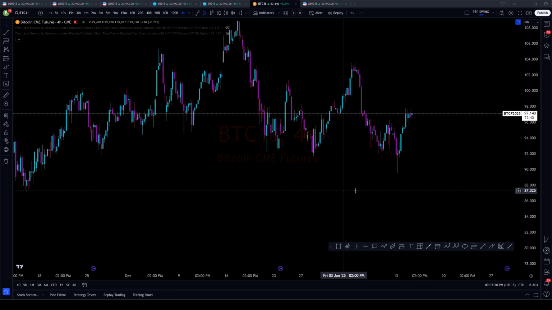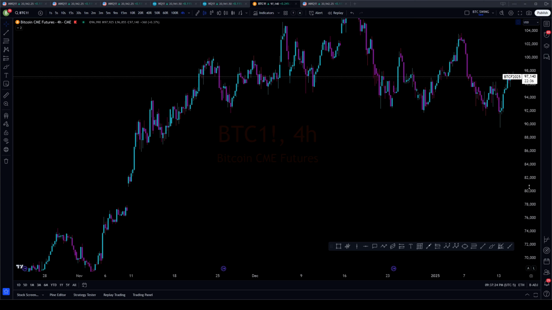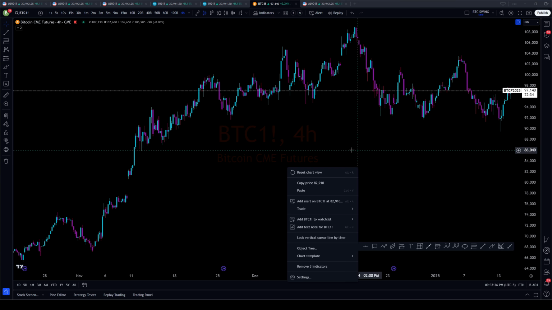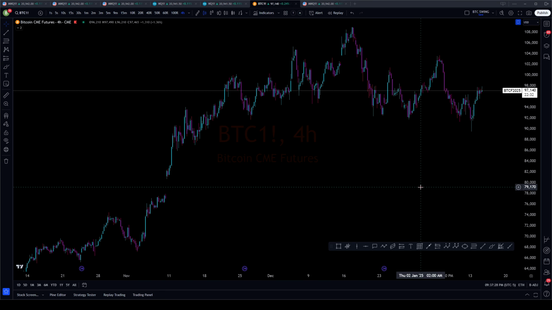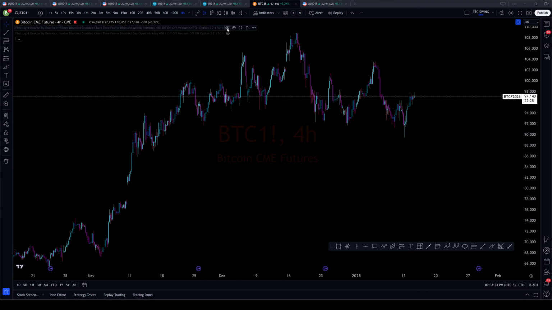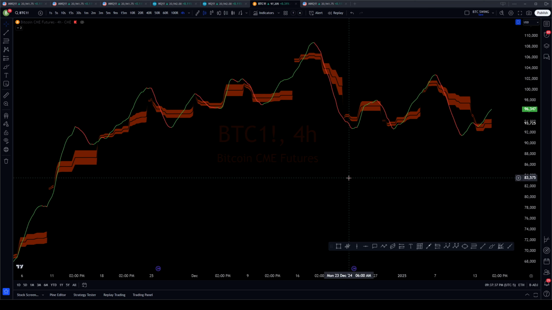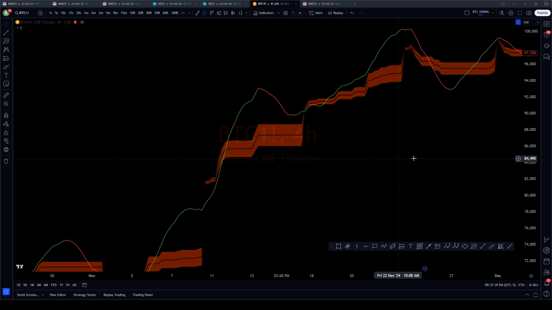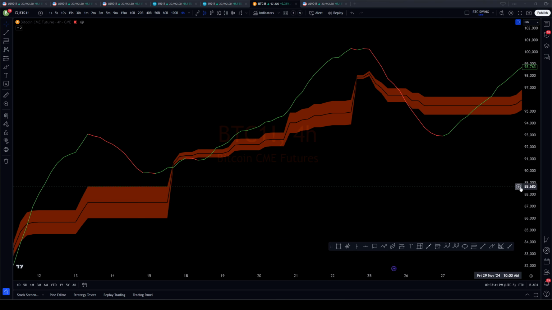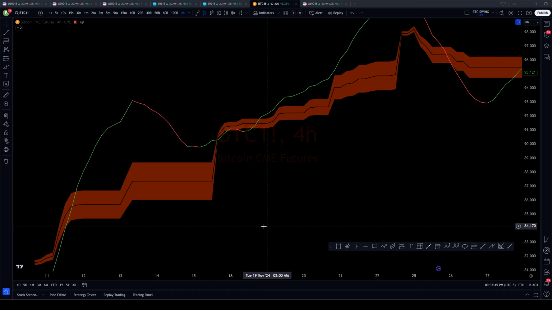All right, so this is the Bitcoin 4 hour candle, and this is how I swing trade it. First of all, I'm going to turn this on right here. And what is this? Well, this is the weekly candle turned into a working, moving support and resistance zone.